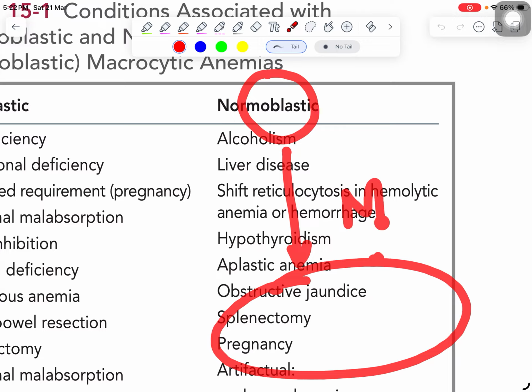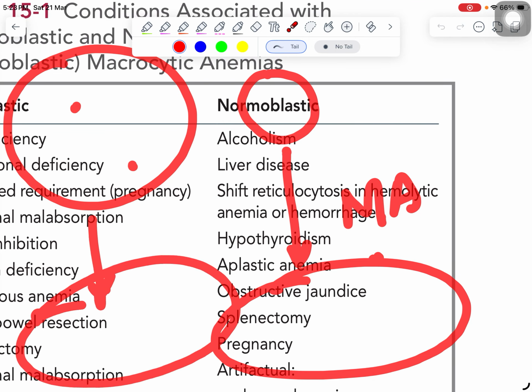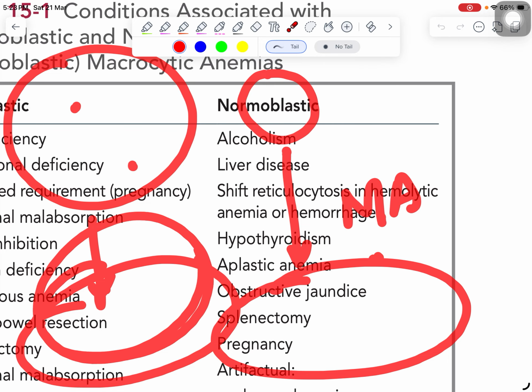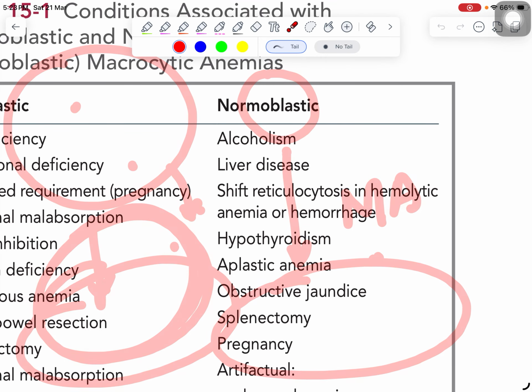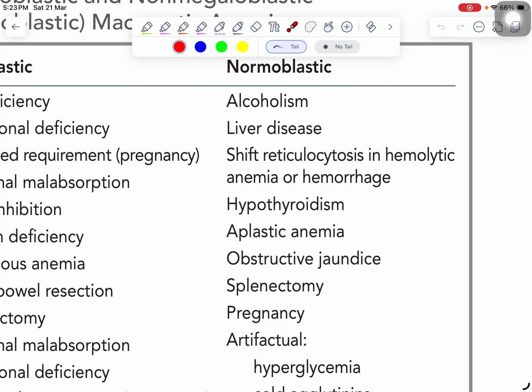So this is called normoblastic macrocytic anemia. Here it was already a megaloblast, and then it has given the same macrocyte. So we call it megaloblastic anemia. That's how I remember, at least. Might not be the real meaning of it.